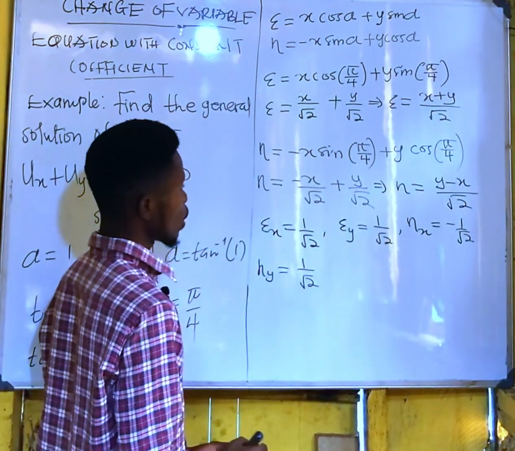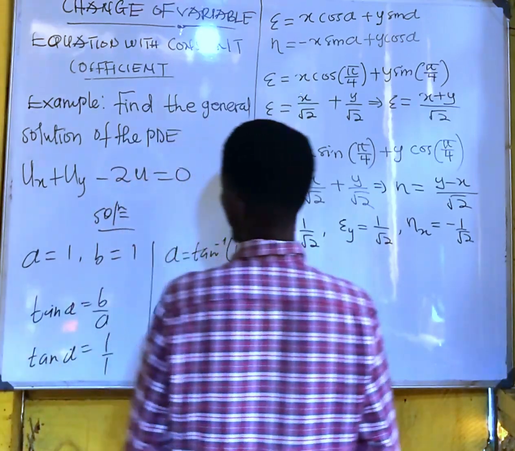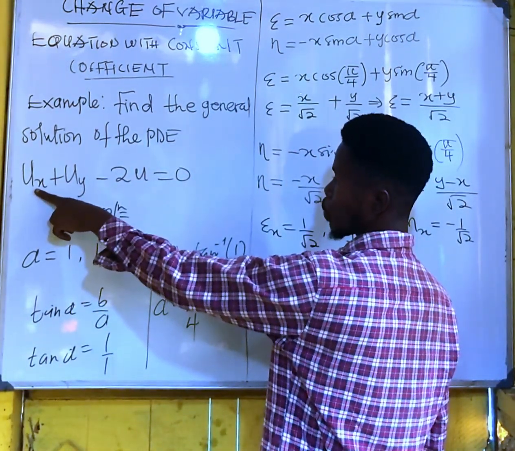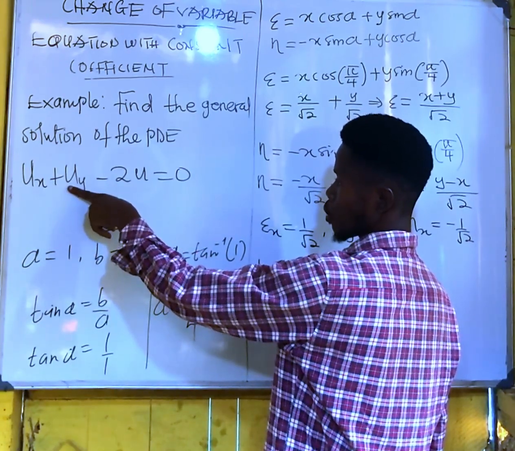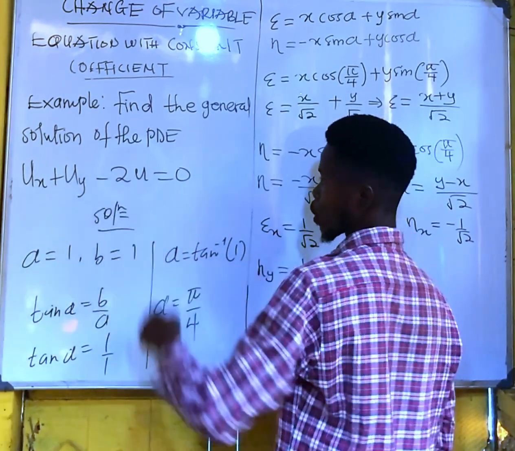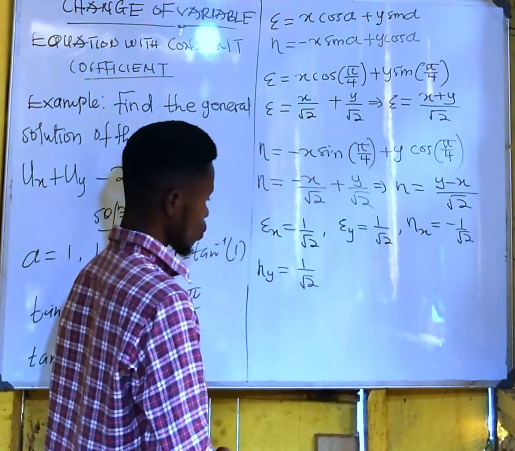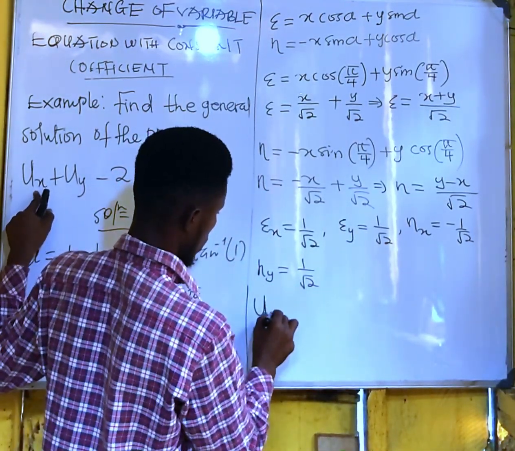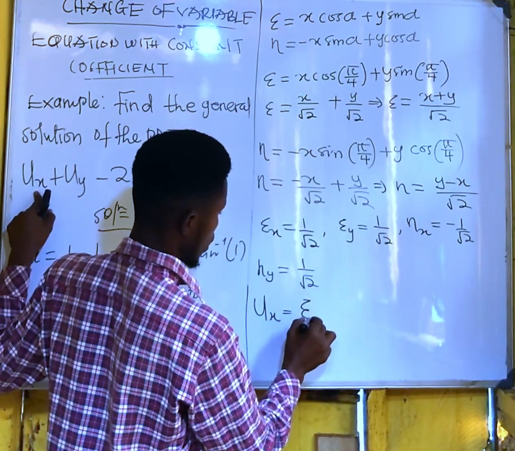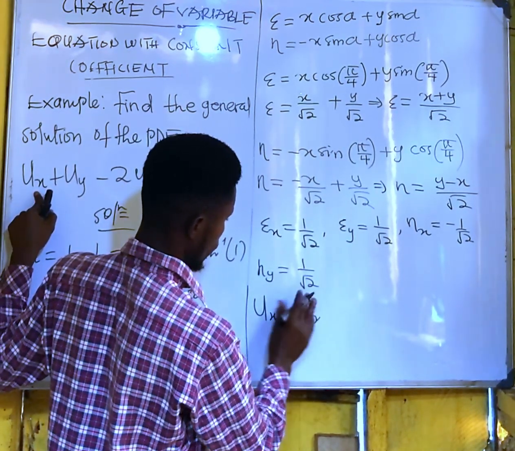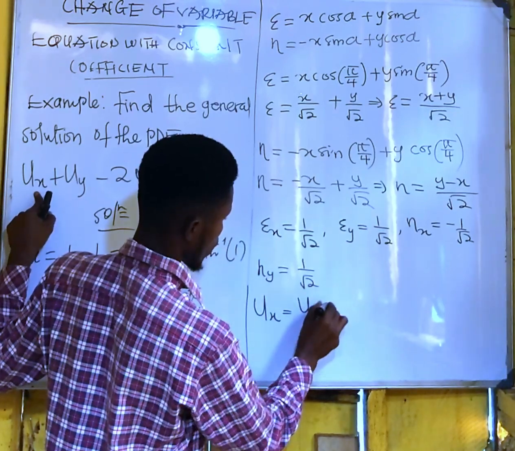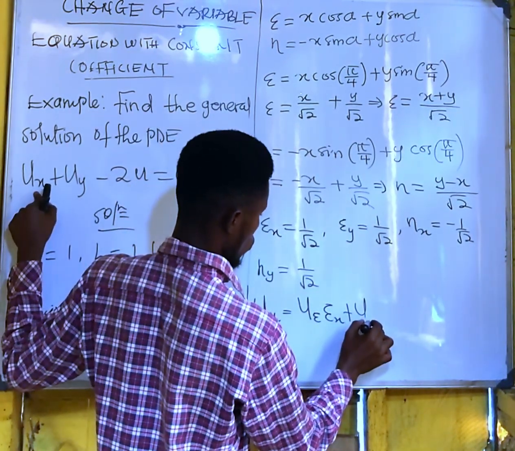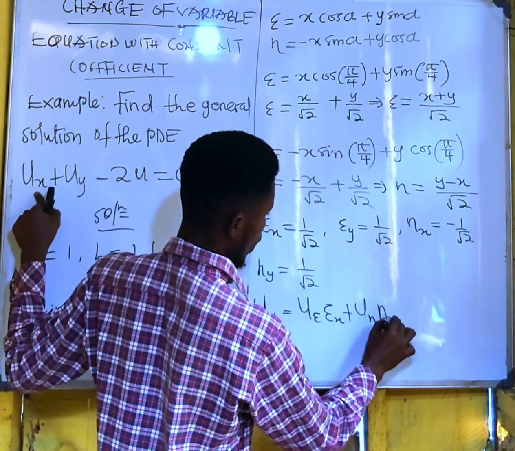Okay, from here, after this, you now move to the question where we have to differentiate this with respect to x and this with respect to y partially. So this is what we are going to do. The u subscript x, you know that if you differentiate, you get u xi xi x plus u eta eta x.